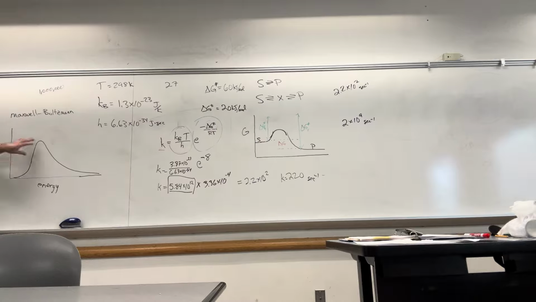Most of them are going to be pretty similar. If you've got a population of identical molecules, most of them are going to have a fairly similar amount of energy. But there are going to be the outliers. There are going to be some that don't have much, and some that have a higher amount of energy.